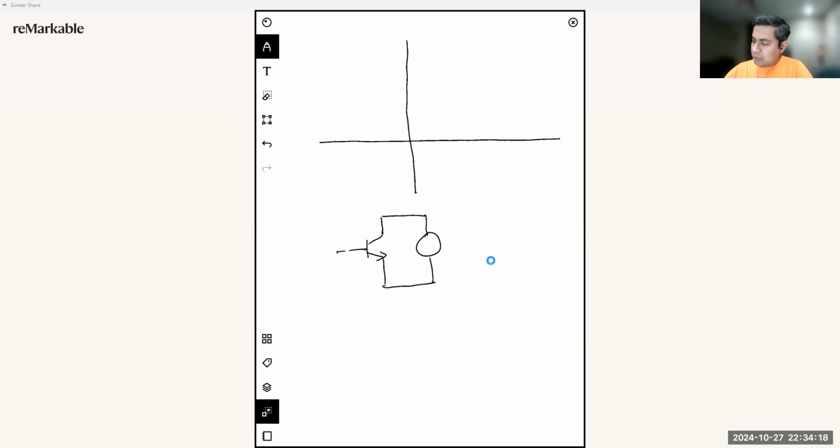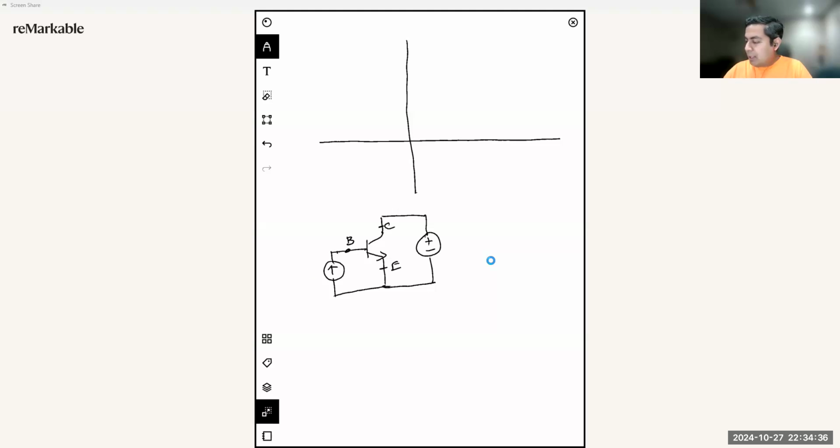So let me draw an ideal circuit for this operation. So let's say we have this PNP BJT.